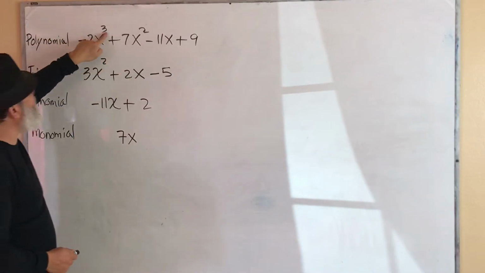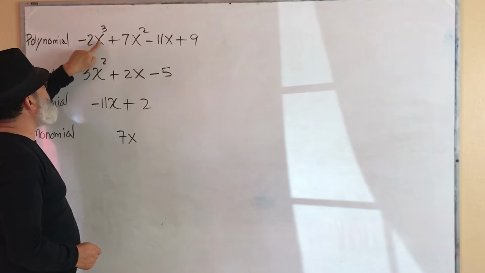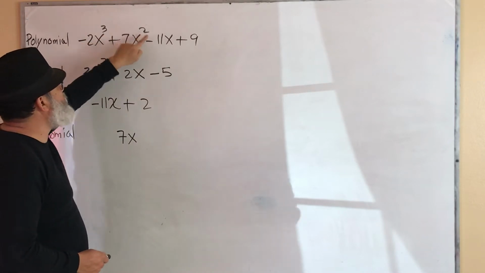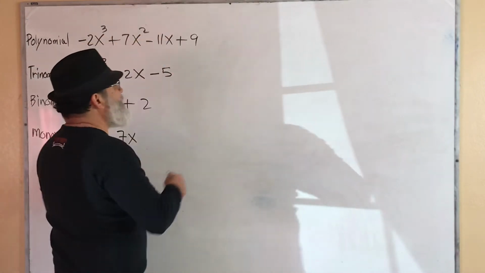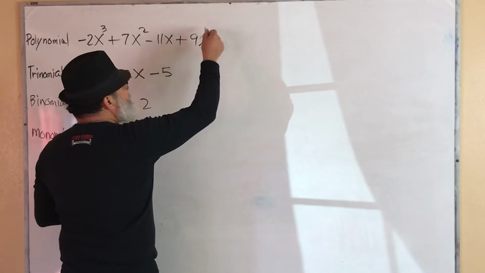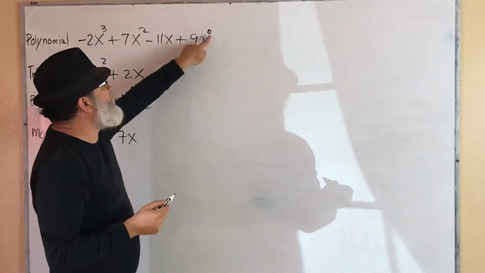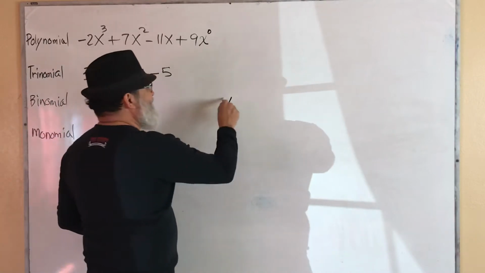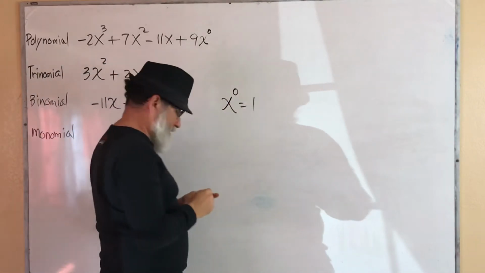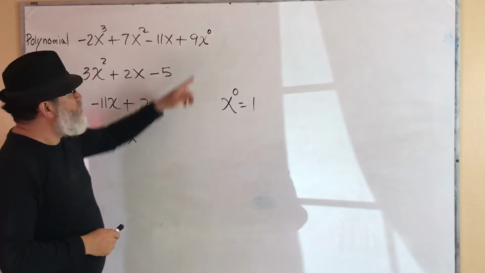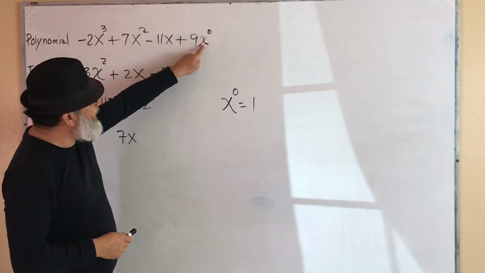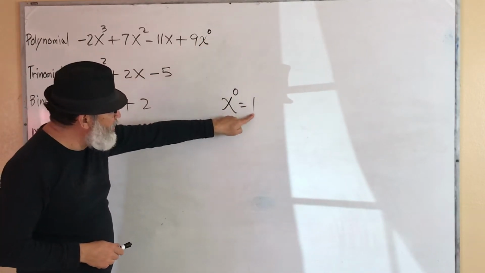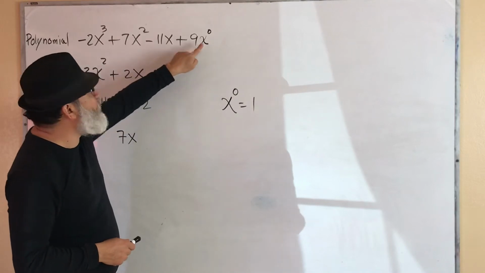Look, the power for this variable is 3, then 2, then 1, and believe me, there is an x to the 0, so this power is 0. x to the 0 equals 1. So this x to the 0, which is 1, times 9, and what's 1 times 9? 9.